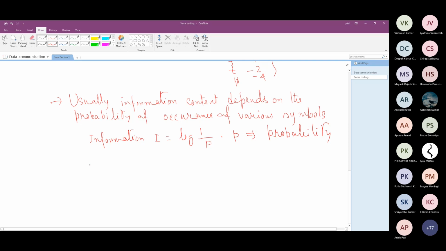So for n bit, P can be 1 by n, or 1 by P equal to n.